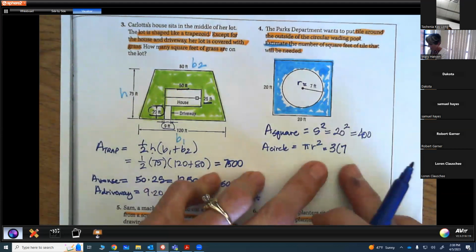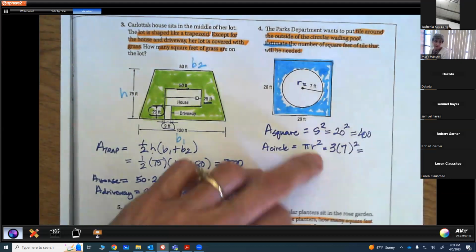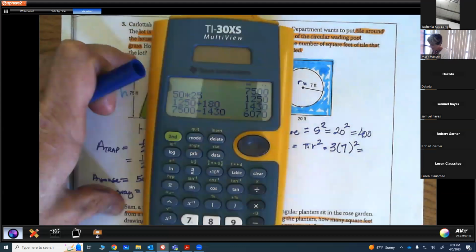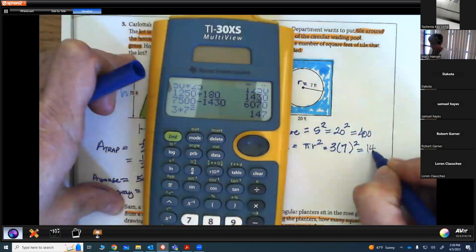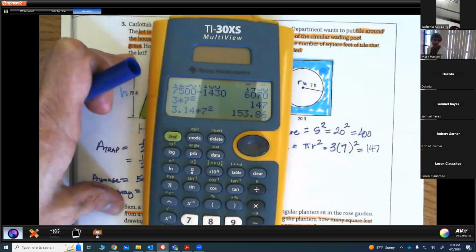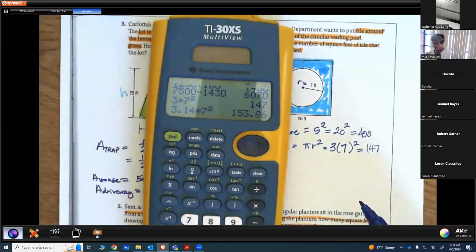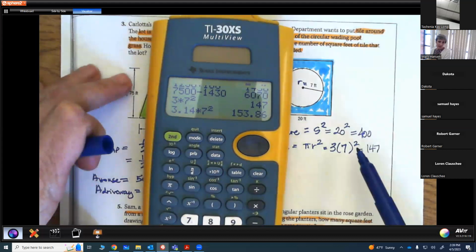But here they were nice and they gave it to us. So if you use 3 for pi instead of 3.14, you could take 3 times 7 squared and you'd get 147. If you used 3.14, you'd get 153.86.